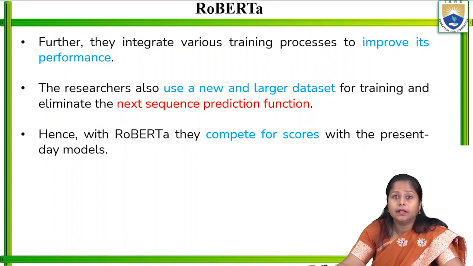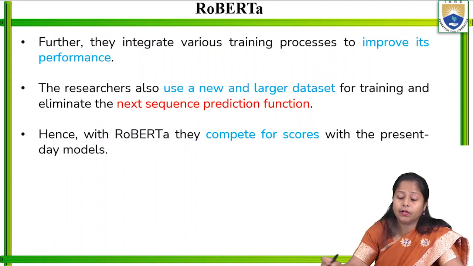What does it mean? The people at Facebook AI and the other university interrogated various training processes to improve the BERT language model process. The researchers also used new and larger data sets for doing those.